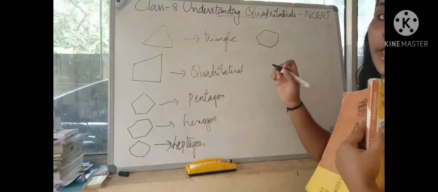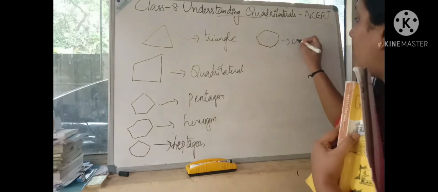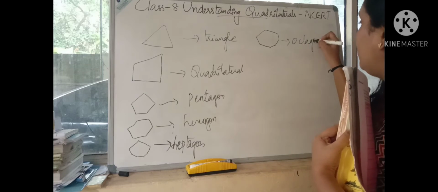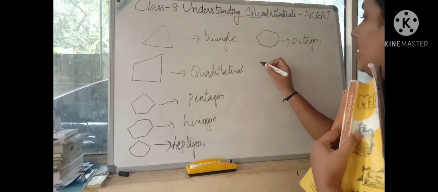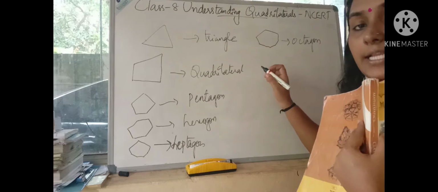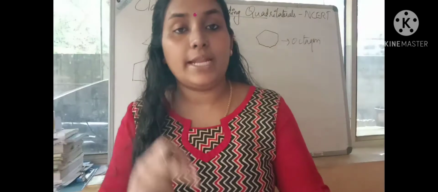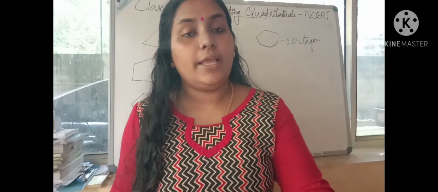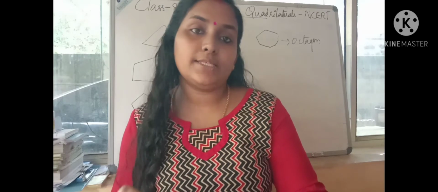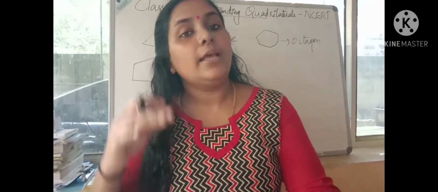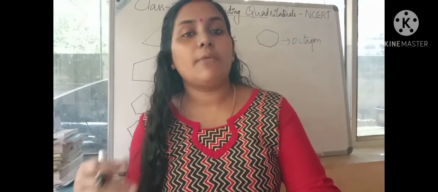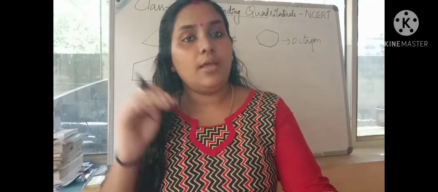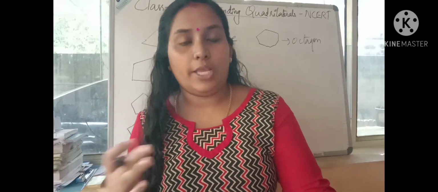If a polygon has eight sides, then it is called an octagon. If a polygon has nine sides, that is a nonagon. Ten sides, that is a decagon. If it has ten sides, that is called a decagon, and as the sides increase, the name also varies as per the sides of the polygon.